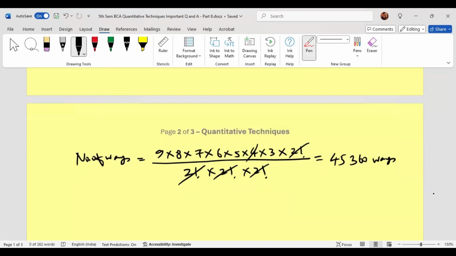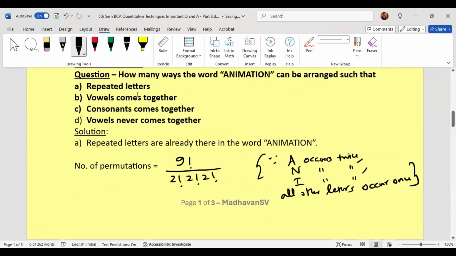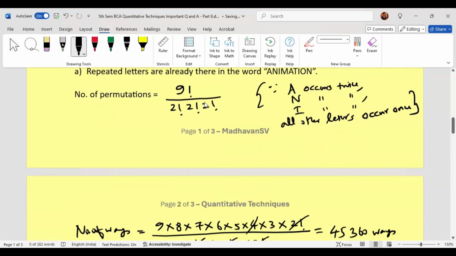Second part, it is about vowels coming together.